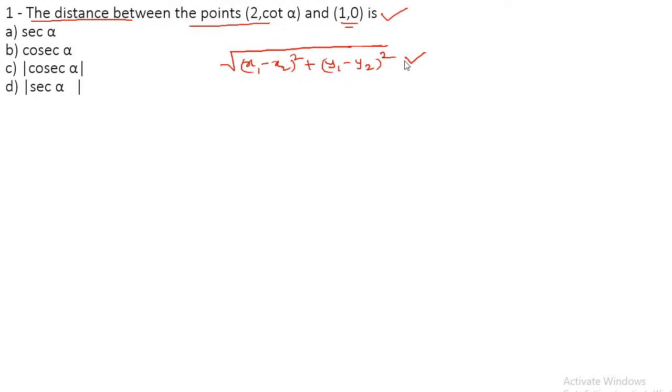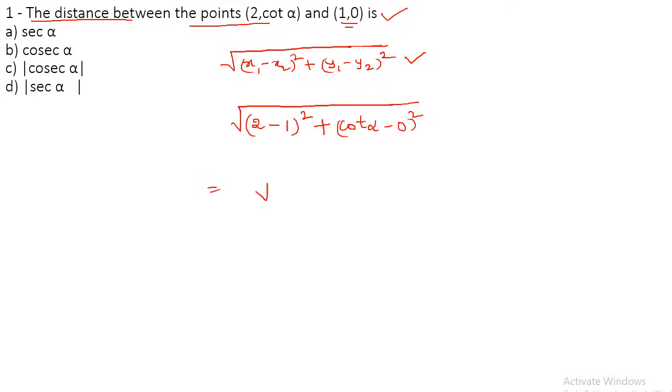If we know this formula, we can solve this question easily. What is x1? x1 is 2, and x2 is 1. So 2 minus 1 whole square plus y1 minus y2: y1 is cot alpha, minus 0 whole square.